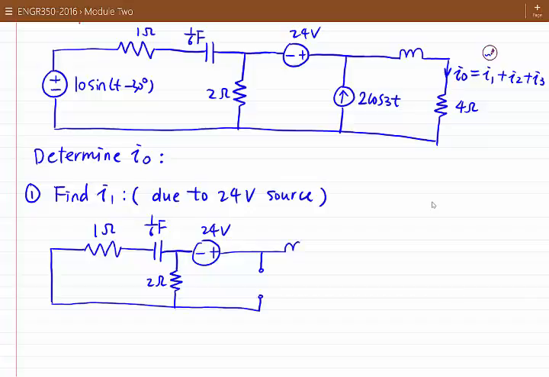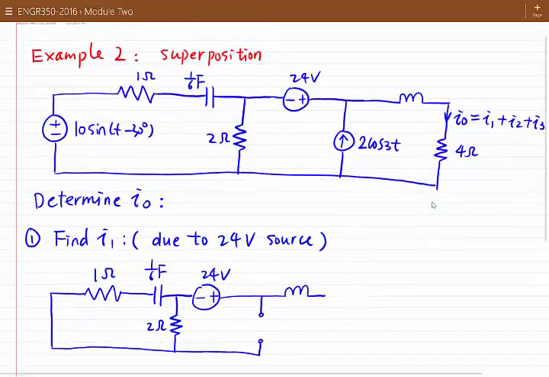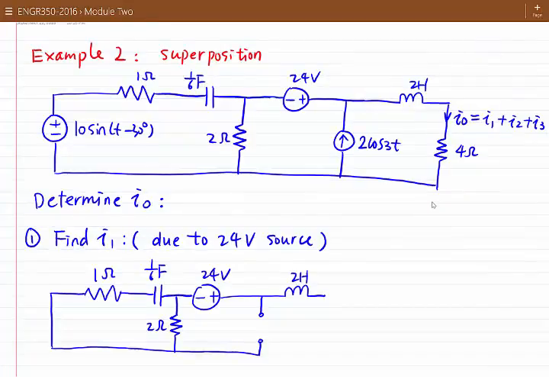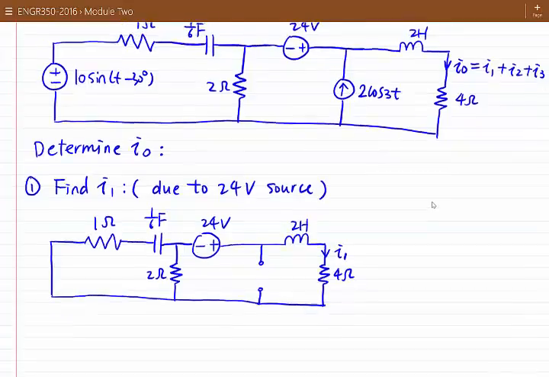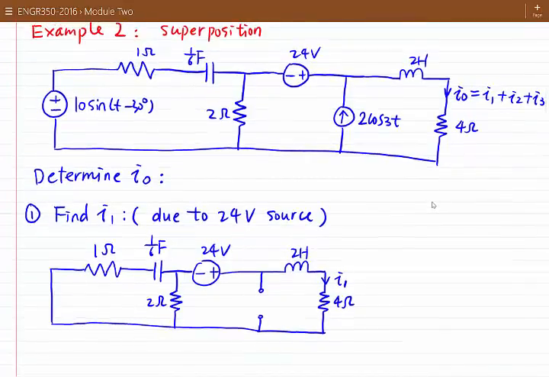Here this is 2 Henry, and we have a 4 ohm resistor. So we are looking at the current I1 due to the 24 volt DC source. Okay, so this is the circuit when we just apply the 24 volt DC source.